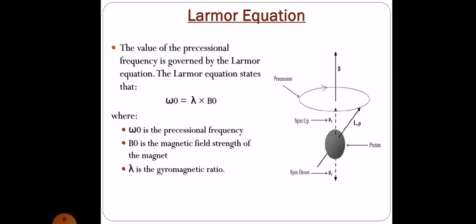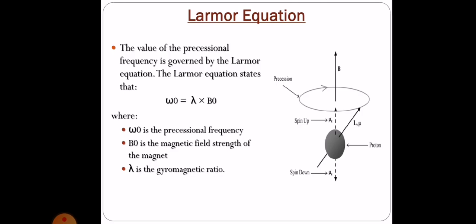This secondary spin is called precession. We can see in the image also that it causes the magnetic moment to follow a circular path. You can see here it is following a circular path, and it is called the precessional path.